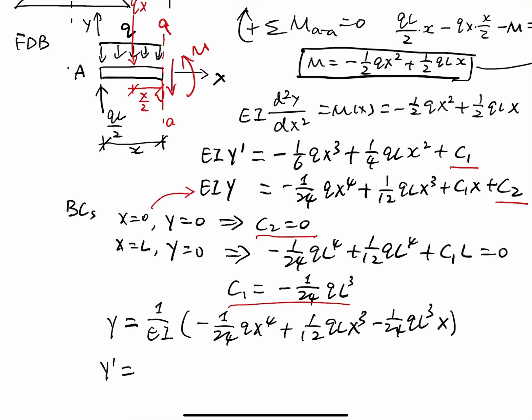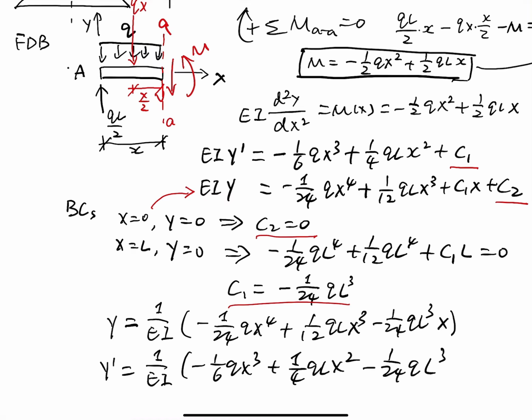For the slope, we got 1 over EI times ql plus c1. So we write down c1 over here, negative 1 over 24 ql cubed. So this is the slope. We got the deflection function, and we got the slope function shown here.